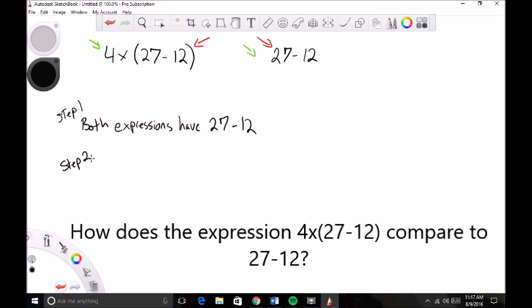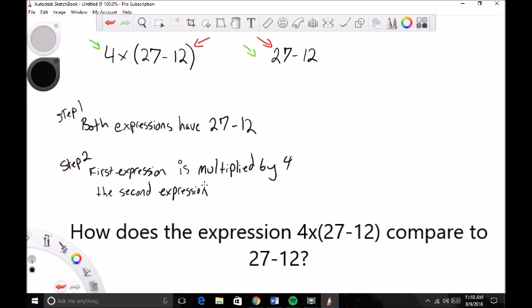How are they different? We'll say the first expression is multiplied by 4. The second expression is not. Okay? That was pretty easy. That's just an observation one.